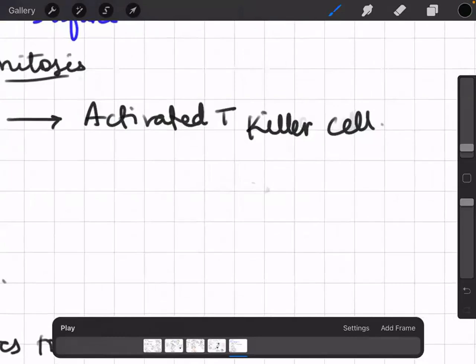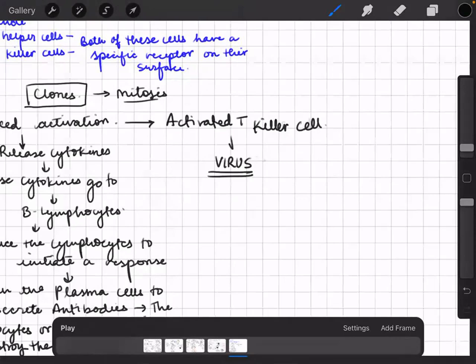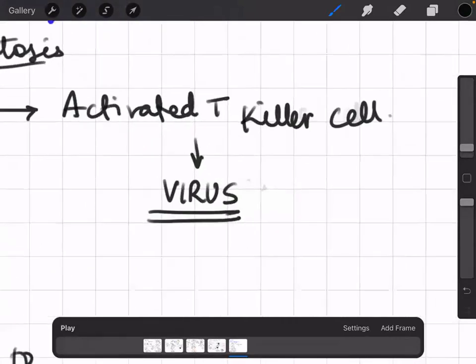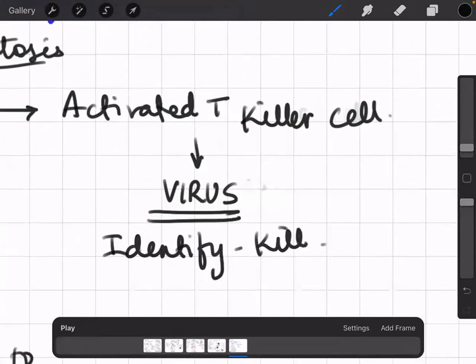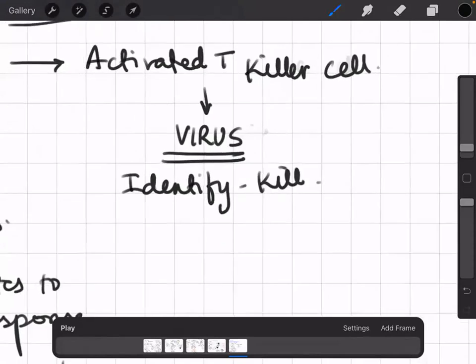For your activated T killer cells to function, you need a virus. So whenever you have a viral infection, activated T killer cells identify the virus and kill it. This is a very, very important point that you need to remember.